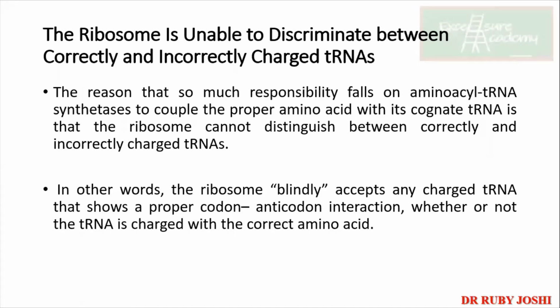It has got the space only to bring the tRNA, make a codon-anticodon base pairing, and whichever amino acid is there will be transferred to the peptidyl region, where it is going to form the peptide bonds. That's all.